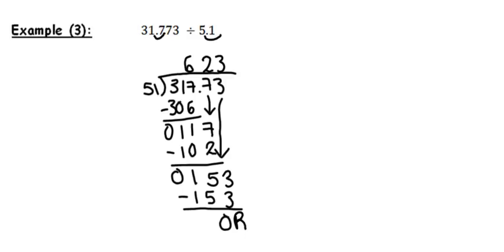Now, you need to remember that the decimal in your answer is directly above the decimal in your dividend. So the answer to 31 and 773 thousandths divided by 5 and 1/10 is 6 and 23 hundredths.